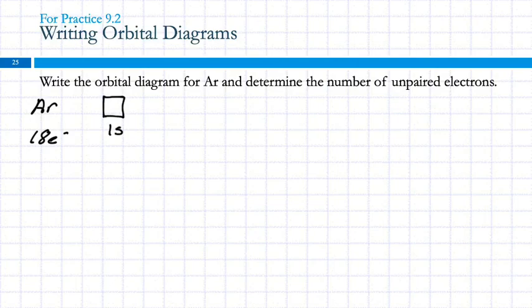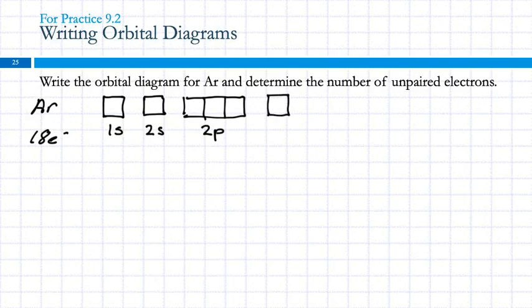So the first one is 1s, and then there's 2s, and 2p. This is all before things get kind of crazy. And then we'll go up to the 3rd floor. There's a 3s room and a 3p room.